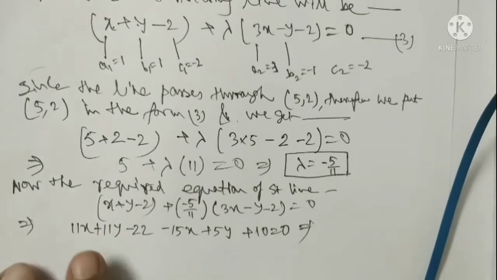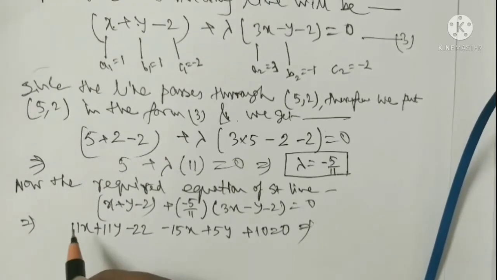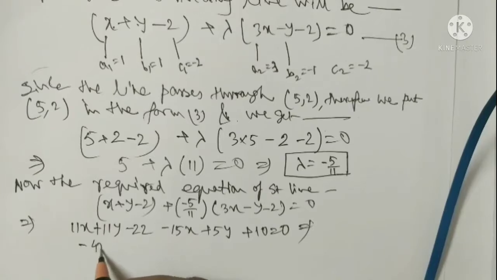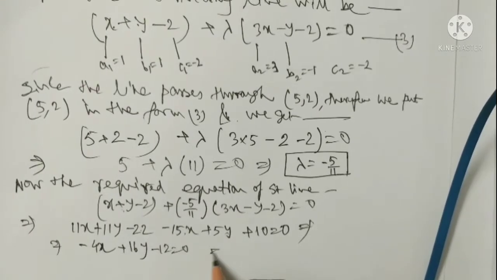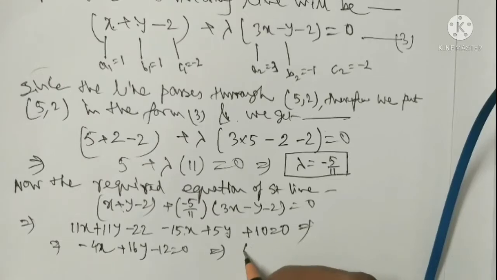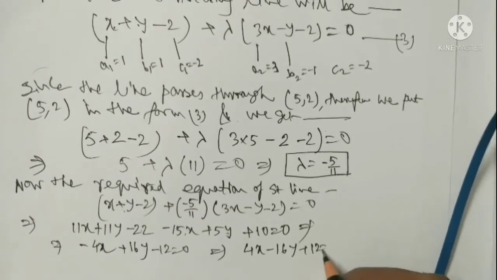This implies 11x minus 15x, that is minus 4x, plus 16y, and minus 22 plus 10, that is minus 12, equals 0. By rearranging we get 4x minus 16y plus 12 equals 0.